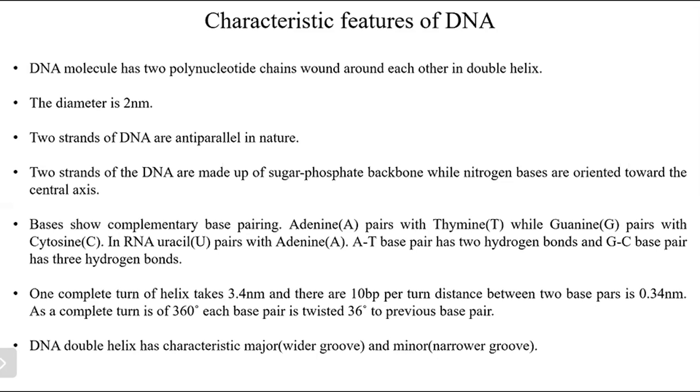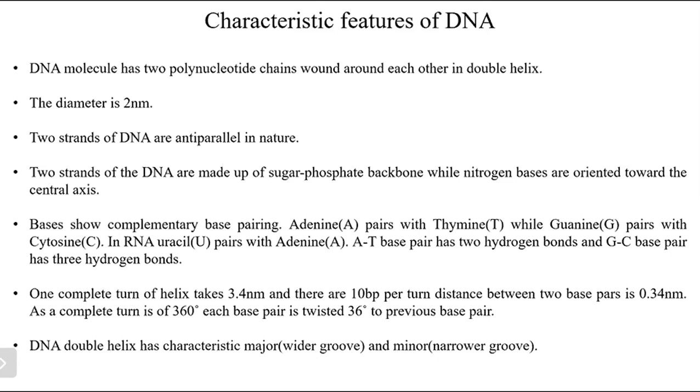Then remember the distance: it is 3.4 nanometers for 10 base pairs. We are considering that one turn has 10 base pairs of nucleotides. The complete turn is 360 degrees, so each base pair is twisted 36 degrees.